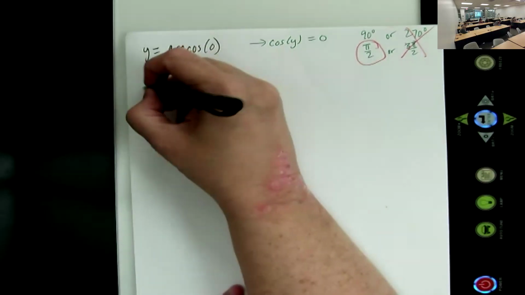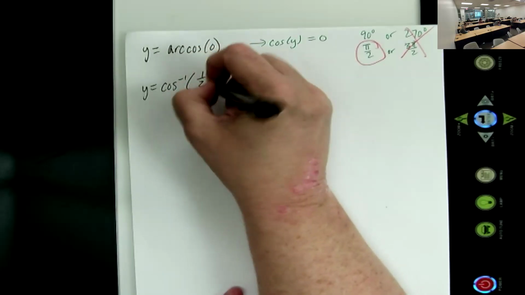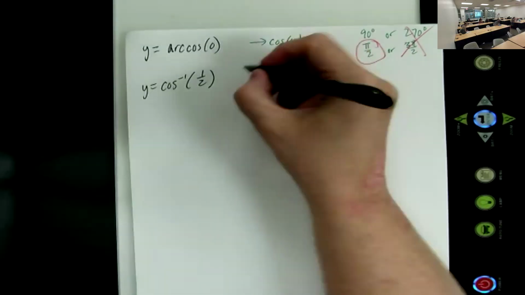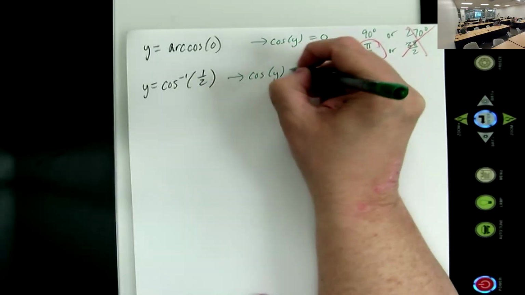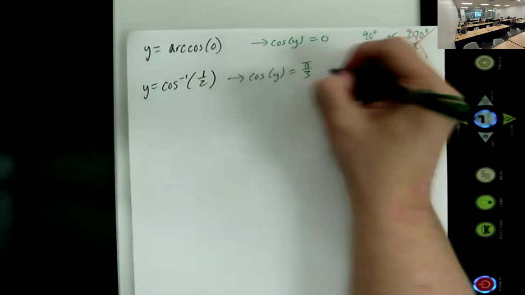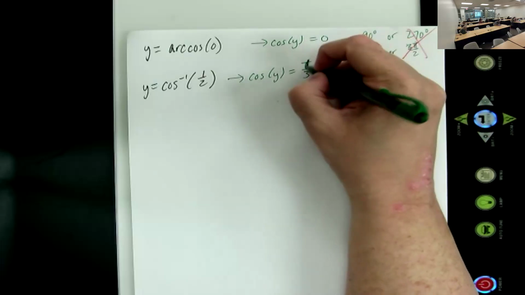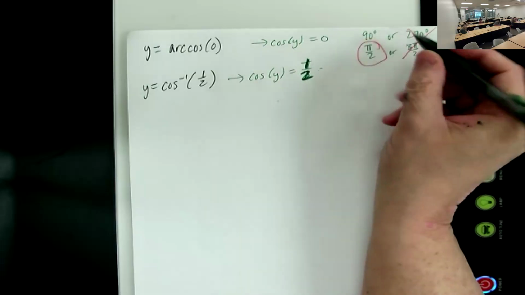What about y equals cosine inverse of 1/2? Cosine of y is 1/2.